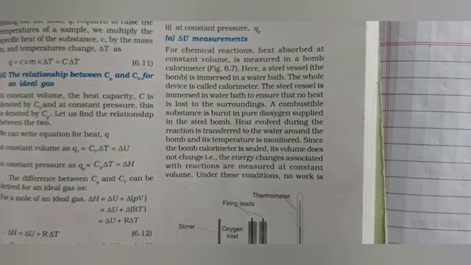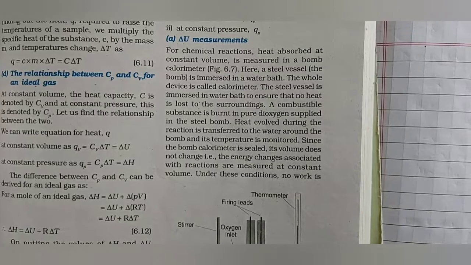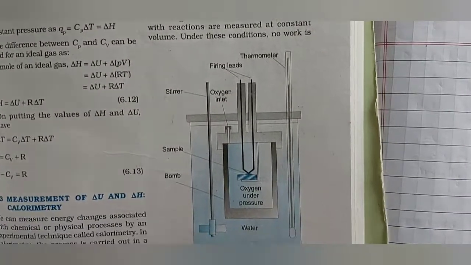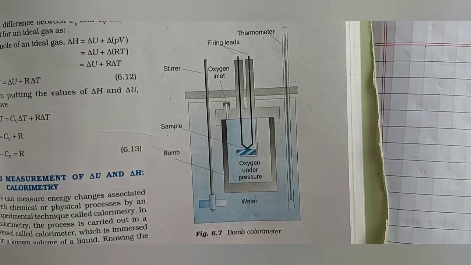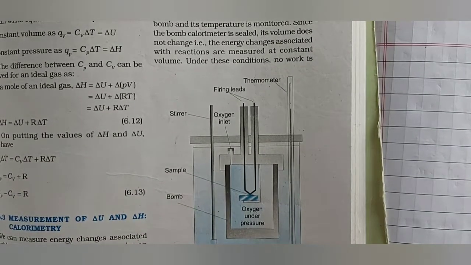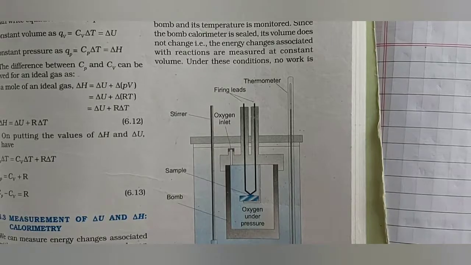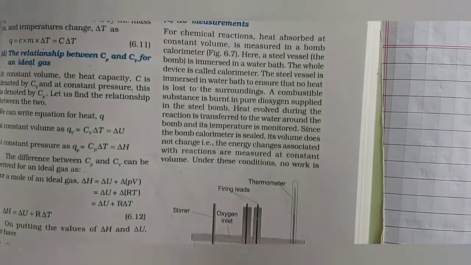We are going to measure delta U in an equipment called a bomb calorimeter. Delta U is nothing but the change in internal energy at constant volume.